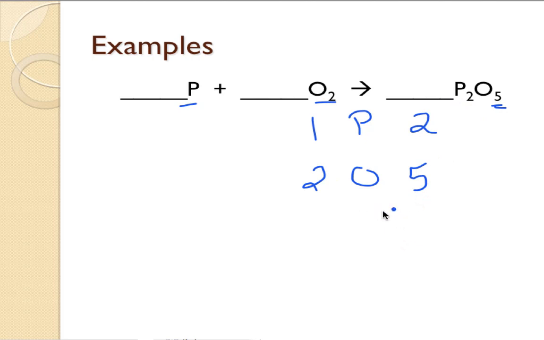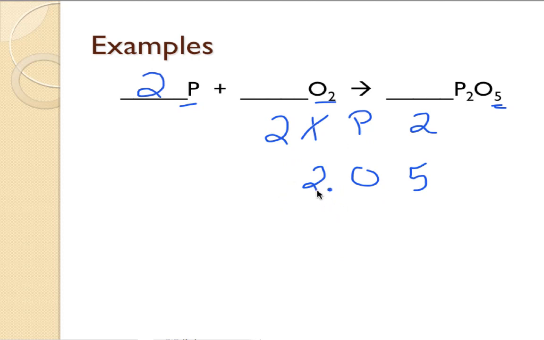Okay, well, these have to equal each other, and we could start with the phosphorus. I see that they're not equal on the product and the reactant side. To do that, I'm going to change this coefficient in front of the phosphorus to a 2. That makes my total atoms of phosphorus change to a 2. So now my phosphorus is balanced, but my oxygen isn't.